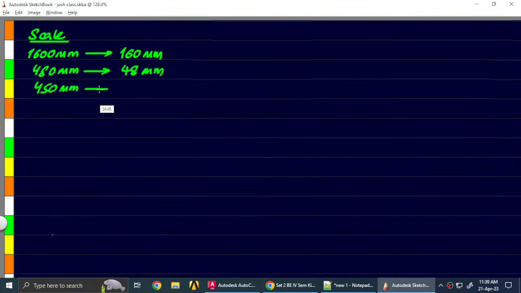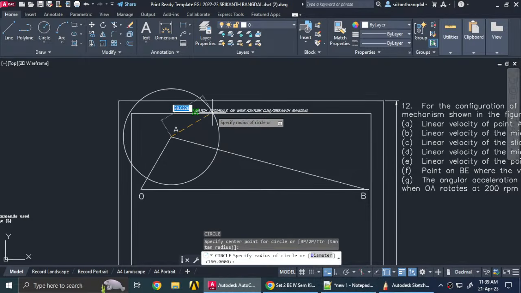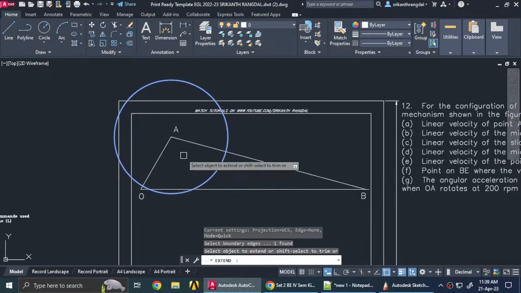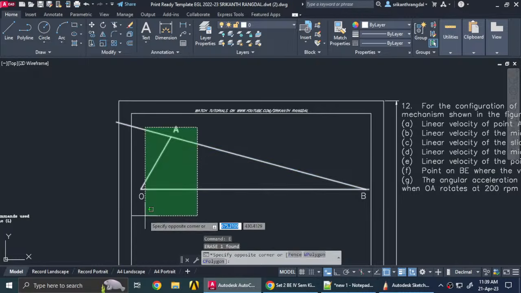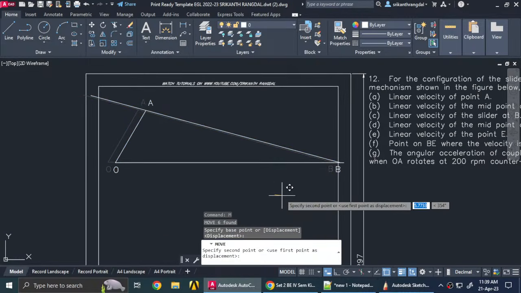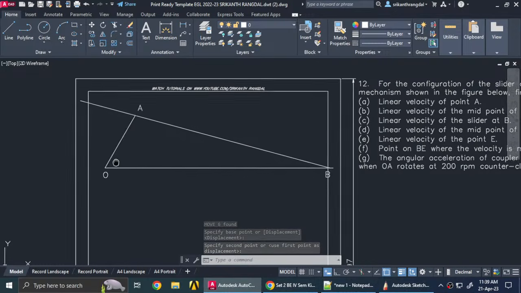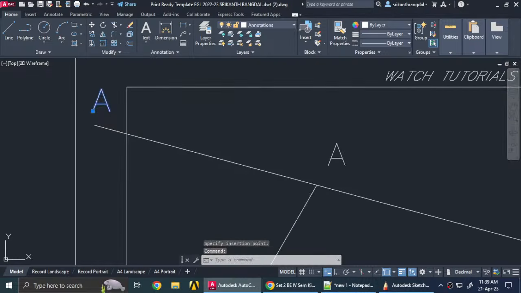When we draw it, we'll have to reduce by 10, so we'll have to draw it as 45 mm. So let's draw a circle with this point as center and radius 45, and extend this line backwards. Now I can see it's becoming a little difficult to place it in the A4 sized sheet that I'm using. These are the margins, so it's still within the margins, so let's use it like this. Next we just need to name this point as E.